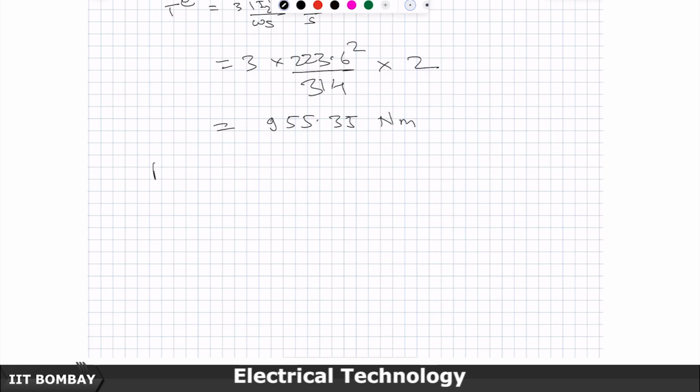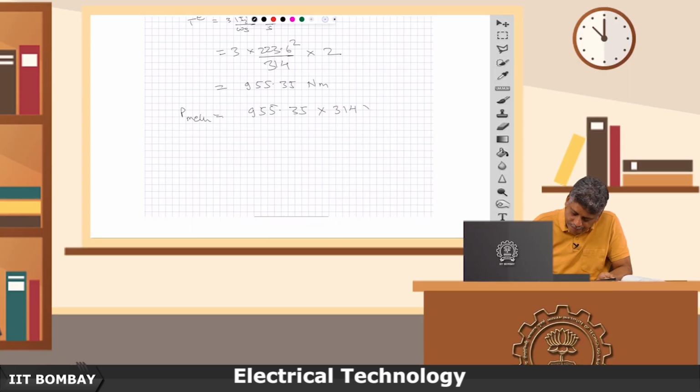And so, this time let me calculate the mechanical output power. I can just multiply this by the speed, which is omega s, 314 into 1 minus s, which is 0.95. So, let us see how much this P mechanical output is.